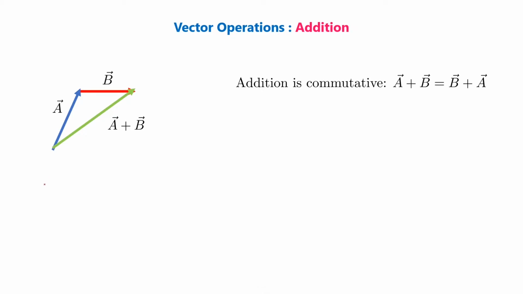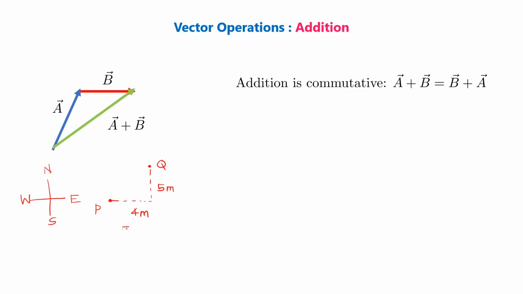To bring home this point, let us consider this situation. So this is north, south, and this is east, and this is west. Consider the case of a person who is traveling from point P to point Q. He could first walk 4 meters towards east and then walk 5 meters towards north.